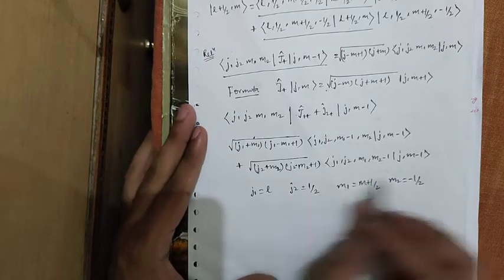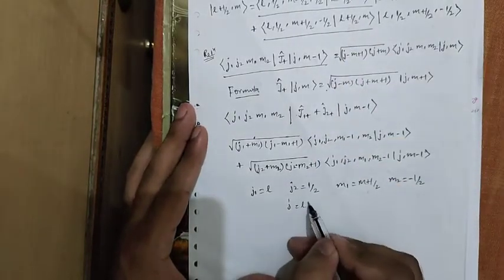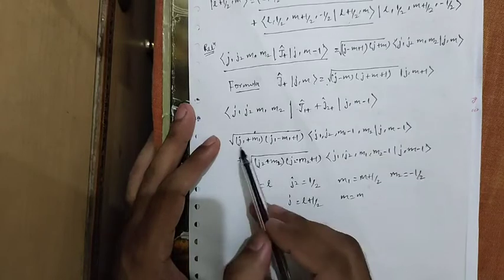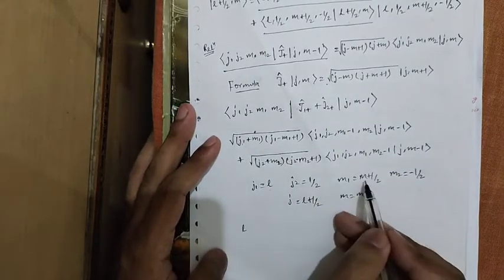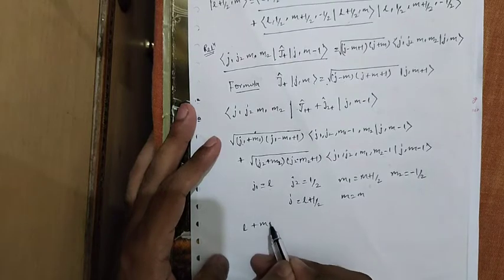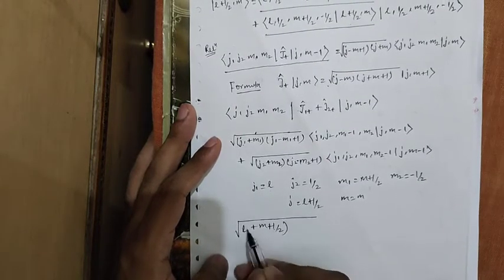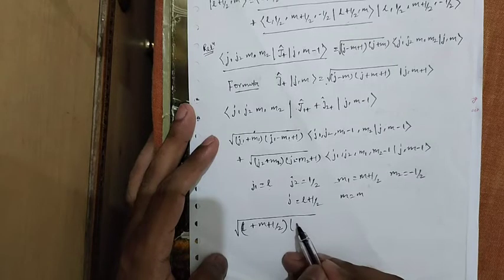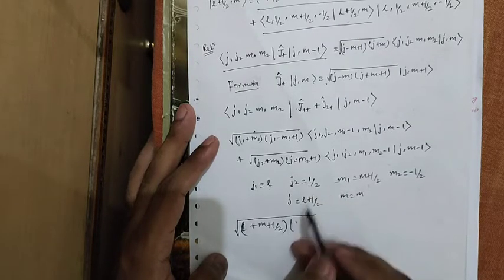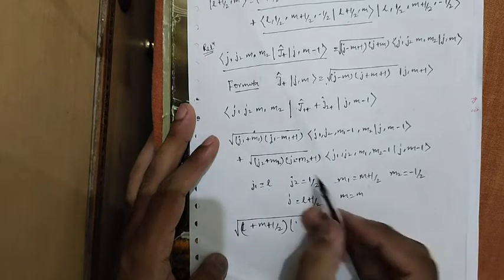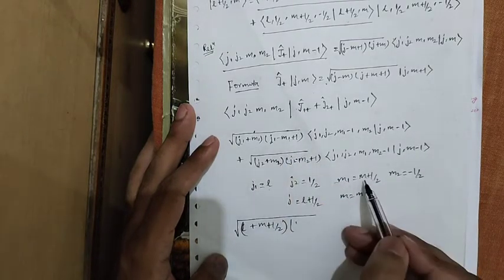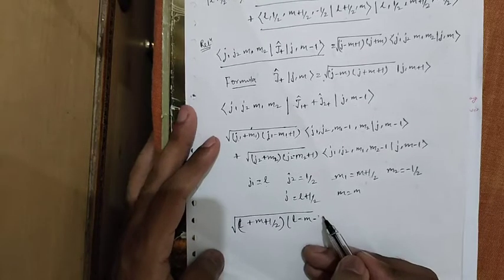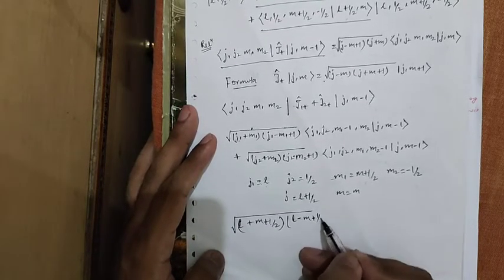Now substituting everything, with j equal to L plus half and m equal to m: j1 minus m1 means L minus m minus half, which gives us plus half.